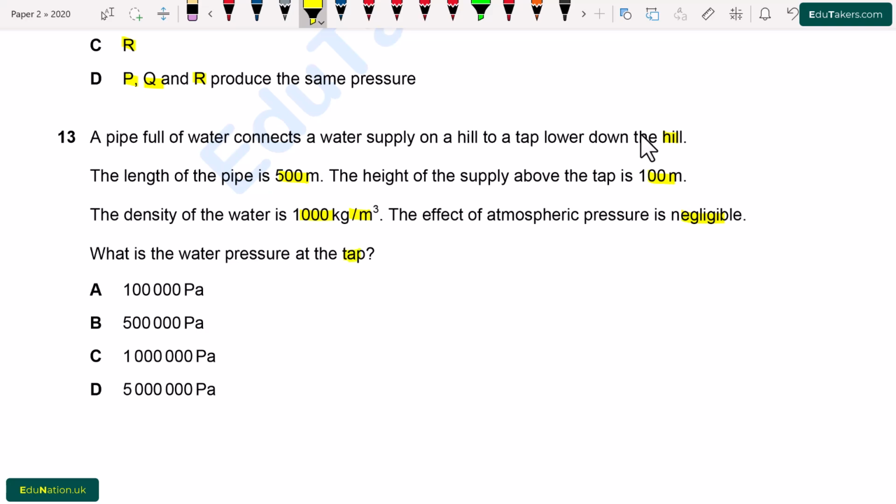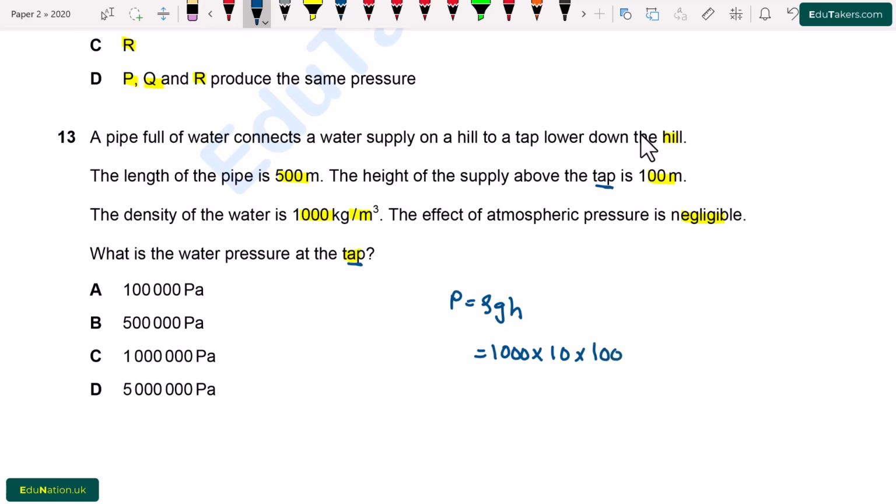So here we have to find out the water pressure at the tap. I write here P is equal to rho GH. Here rho is density, G is acceleration due to gravity and H is height. So density is given 1000, multiplied by the value of G is 10 and the height, as we have to find out the water pressure at the tap, so the height above the tap is given, which is 100 meter.